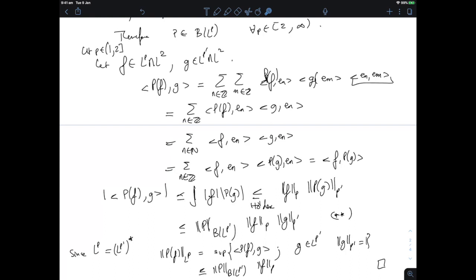Right, so keep that in mind nonetheless, that you can exploit interpolation to fill in the gaps of what you don't know, for which values of p you don't have boundedness, and usually you only have to work on one side of 2 if you have self-adjointness, through a duality argument like the one we've seen here.